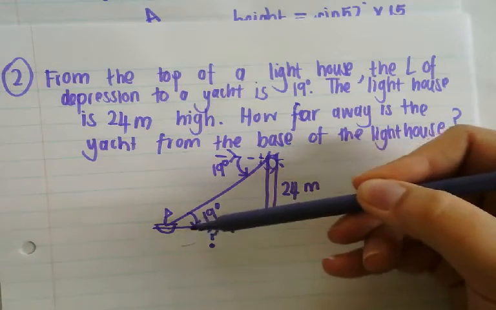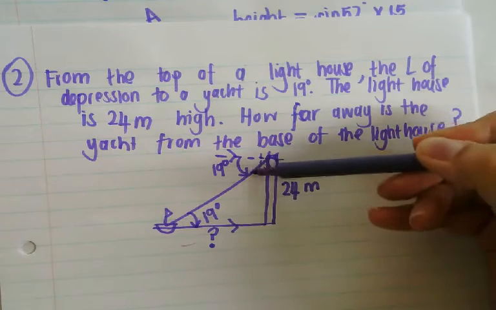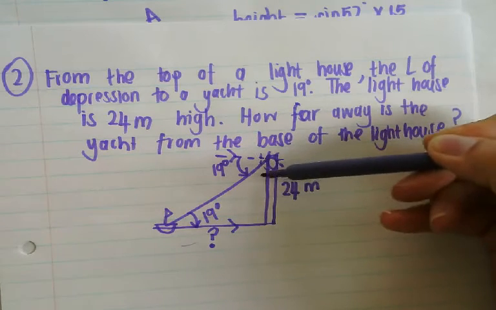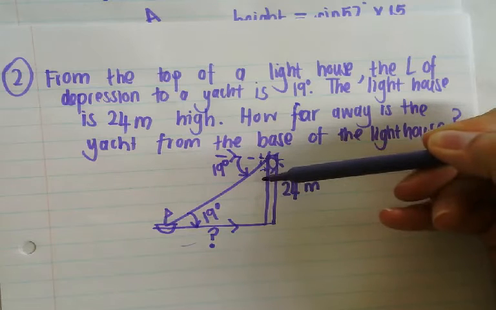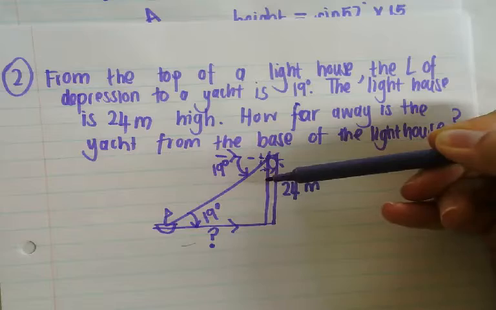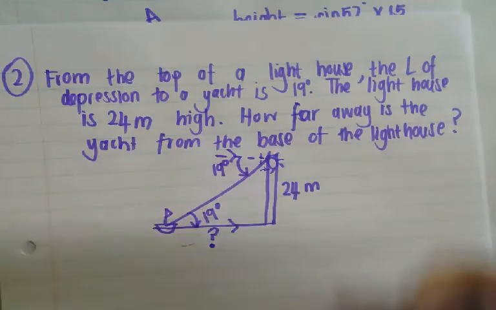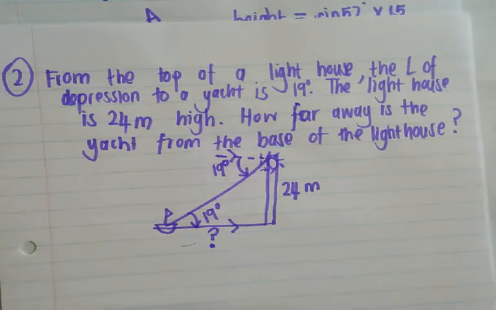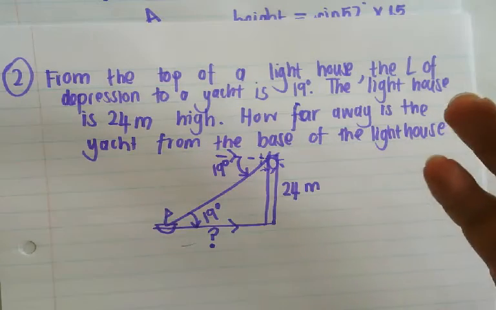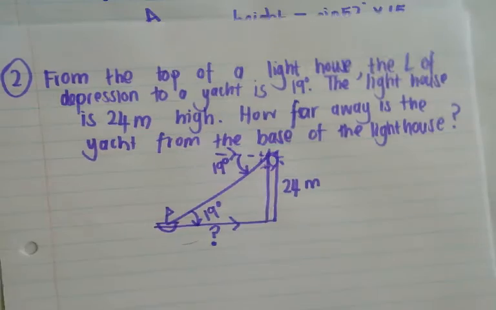Or you could have done the second thing Jed said: well, I know that this must add up to 90 degrees, therefore this would be 61 degrees, and use the 61 degrees as your angle of reference. I am going to tell you it is more conventional to change it to the angle of elevation rather than the complementary angle. Okay?